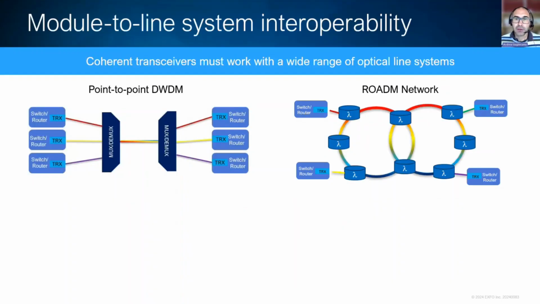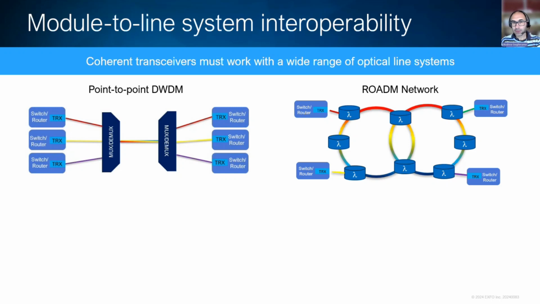Thank you, Juergen. So we discussed host to module and module to module interoperability. But as we said at the beginning, we shouldn't forget about the module to optical line system interoperability. It's true that at the beginning there was a lot of focus on module to module and host to module, but really the module to line system is also a key aspect that has to be assessed and investigated.